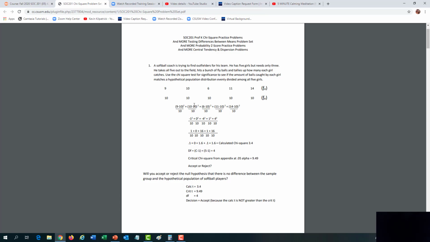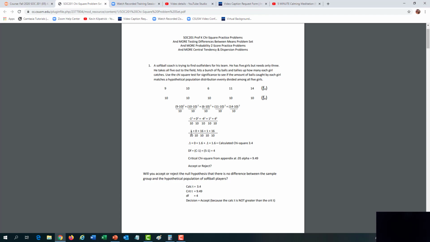The second fraction, 10 minus 10, 0. I'm going to square that and divide it by 10. So that's this one. Okay? So you can see what I'm doing here. The last one, 14 minus 10 is 4 squared, and I'm going to divide that by 10. Okay? So that's what the next row of information is.